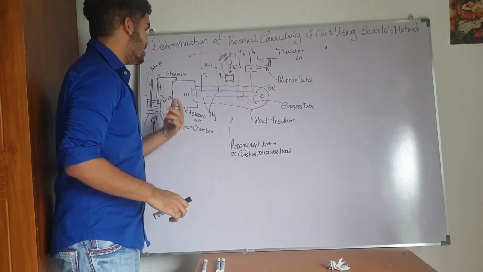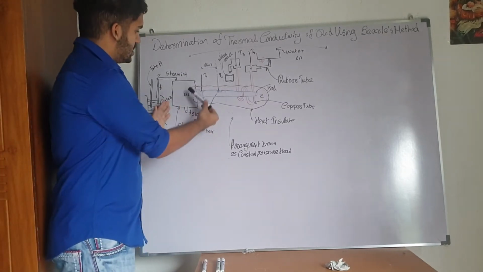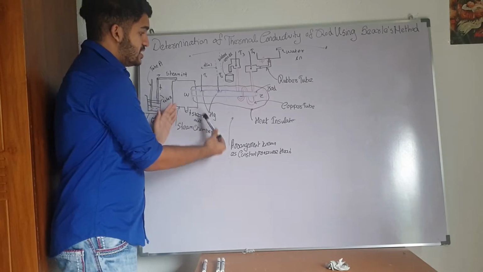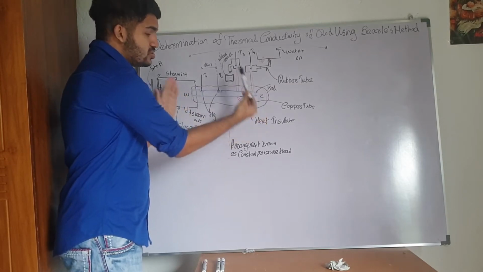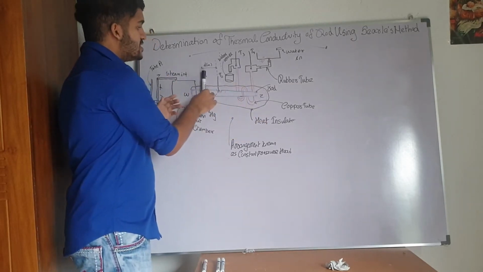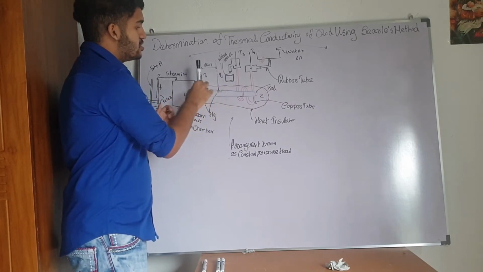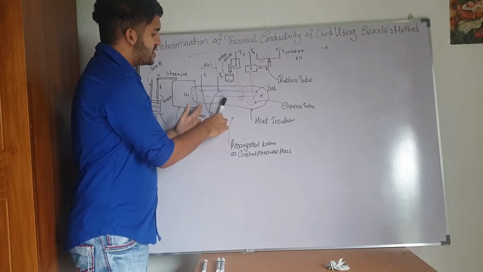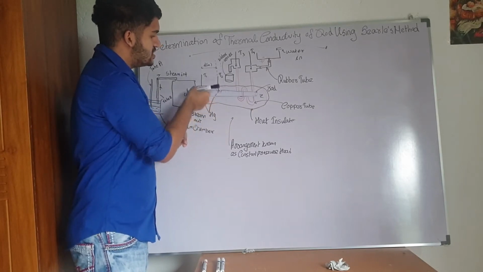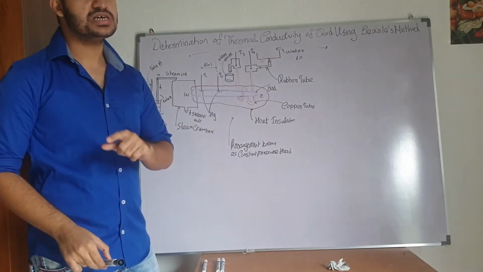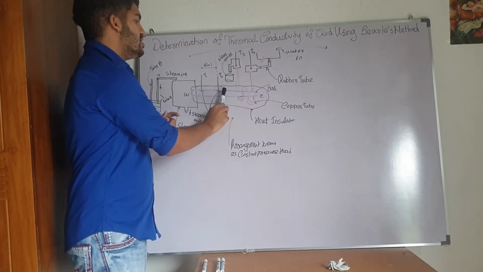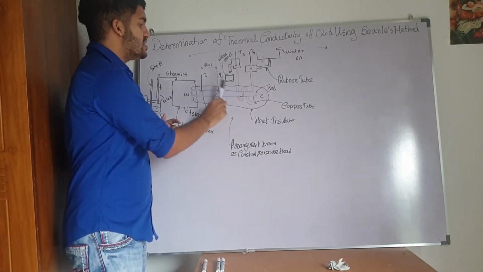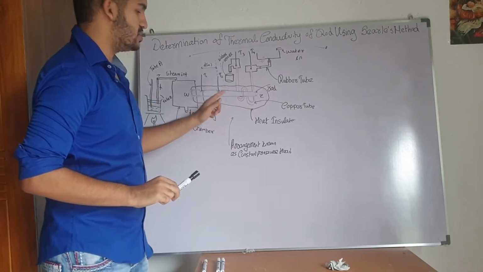Now that we know that we have a steam chamber, let's come to the rod. Now we have these thermometers T1 and T2. We should always maintain a layer of mercury in these holes, so that we can have a good thermal conductivity between these bulbs of the thermometer and the rod.